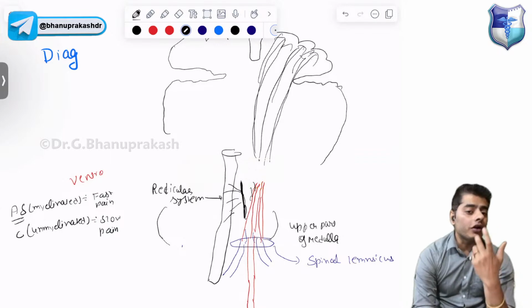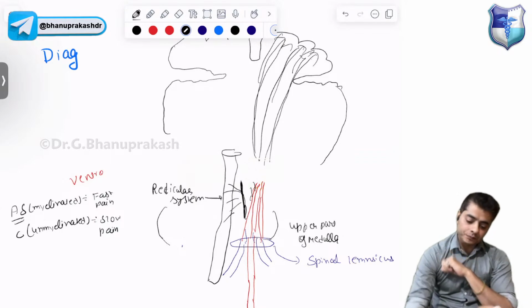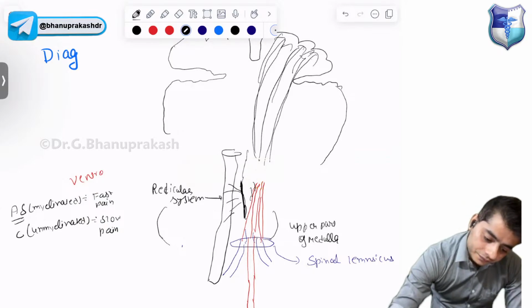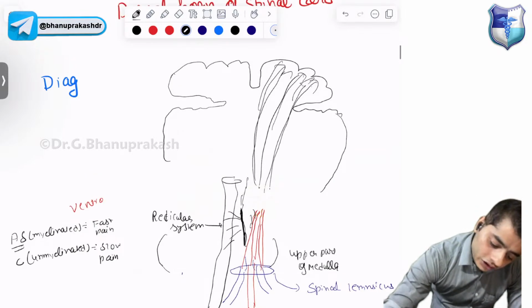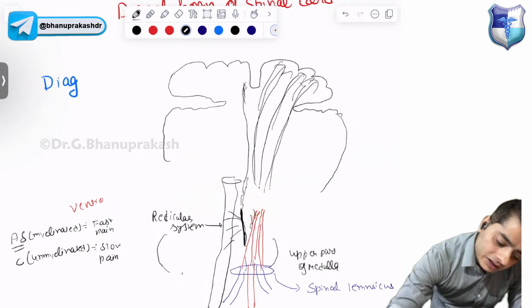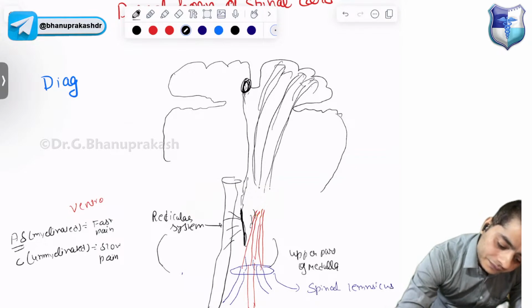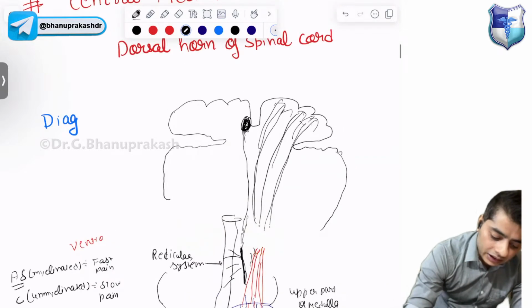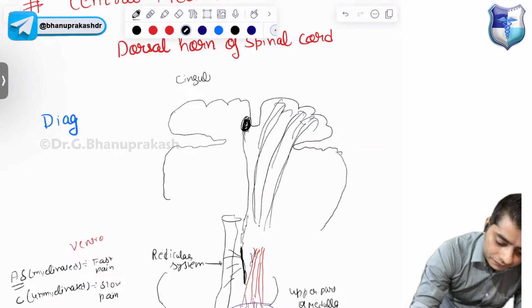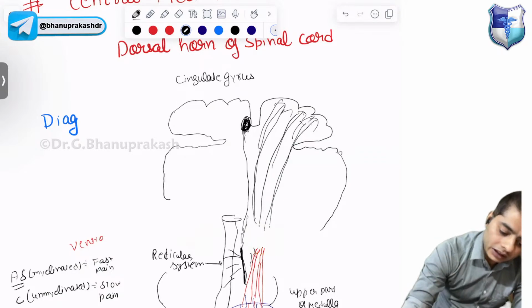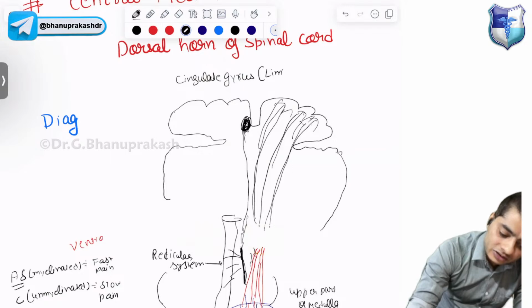That's why when we are having chronic pain, a slow pain, we can't sleep. This is because of this. Now, this slow fiber will also give some fibers to this region. What is this? This is the cingulate gyrus, and it is in the limbic system.